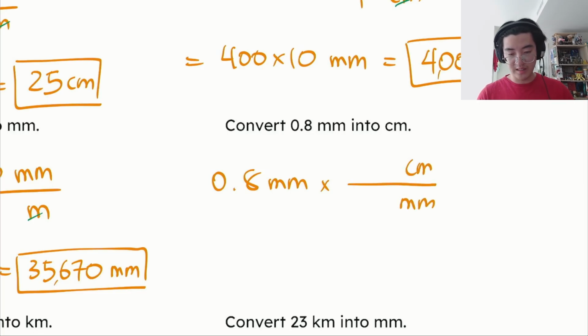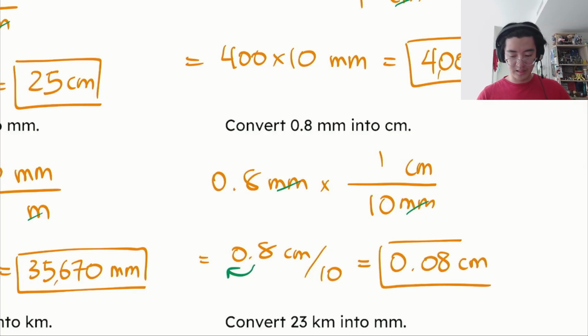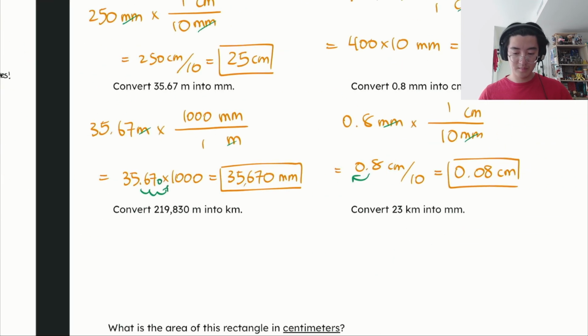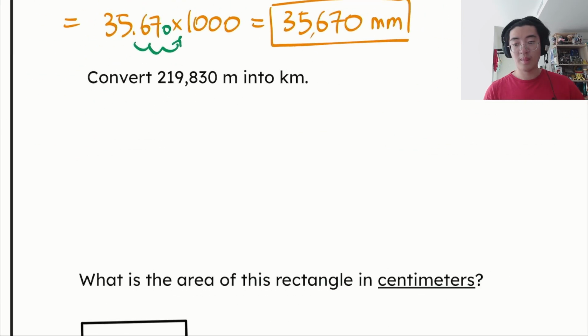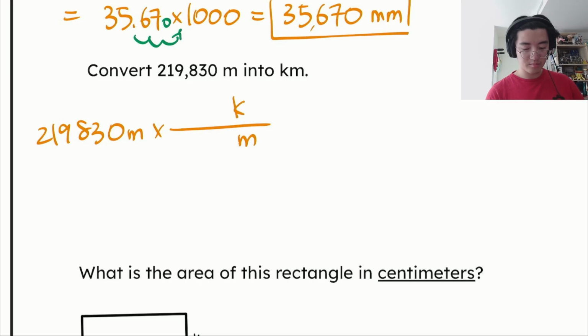Millimeters into centimeters. We know 1 centimeter for every 10 millimeters. Cancel, cancel. 0.8 divided by 10. Move the decimal 1 to the left because we're dividing. 0.08 centimeters. Meters into kilometers. There are 1,000 meters in 1 kilometer.